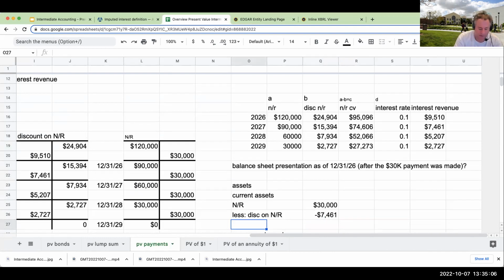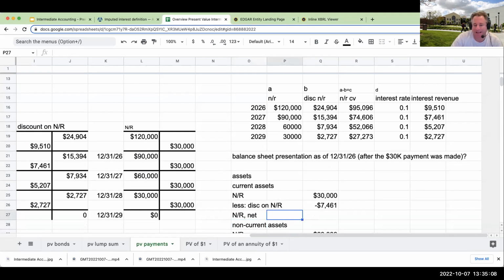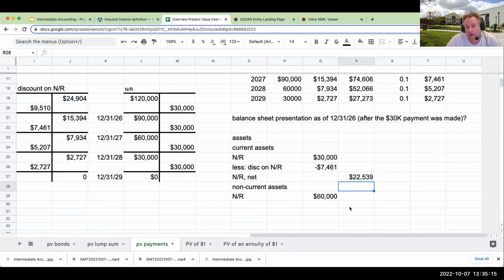7,461. So my notes receivable net would be 22,539. On the 60,000, even as I'm saying that right now, I don't think that's right, because that 7,461 is for all 90,000.